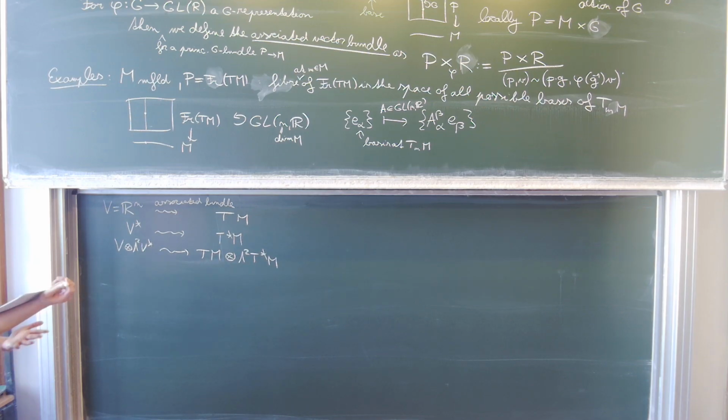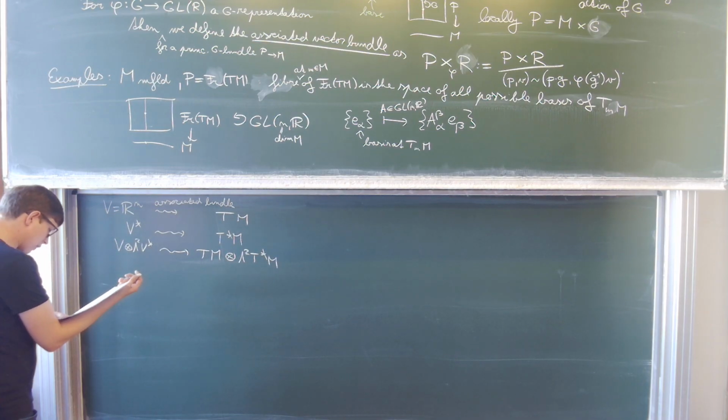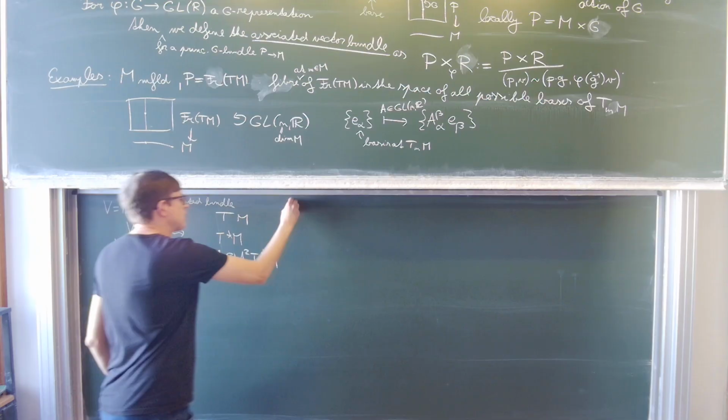Now there are other interesting representations of GL_n which are not constructed out of the vector representation. Those are the ones that we are interested in. So the definition.